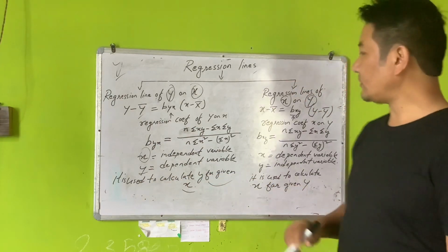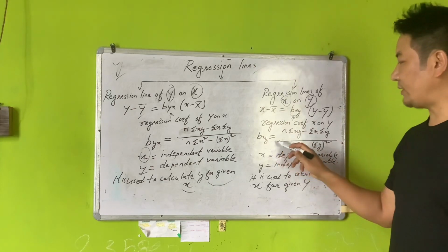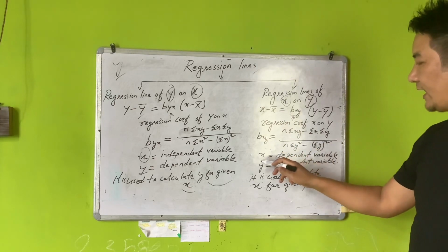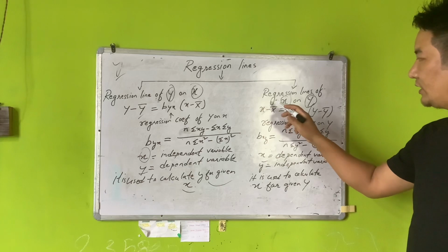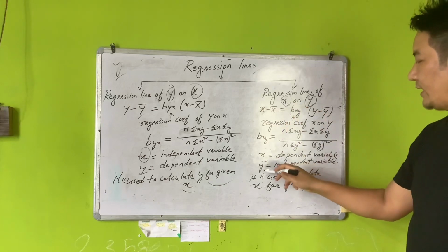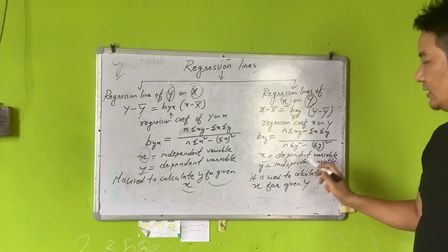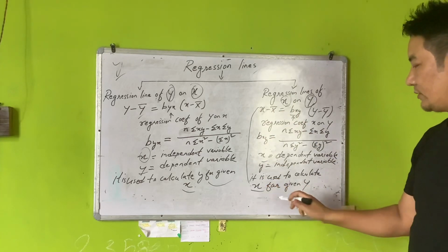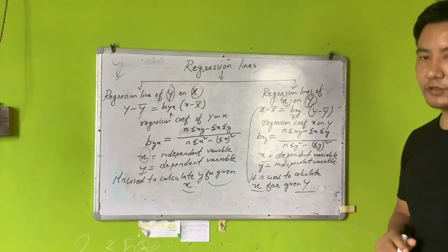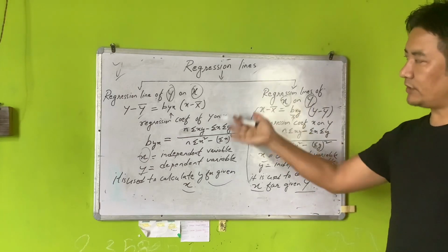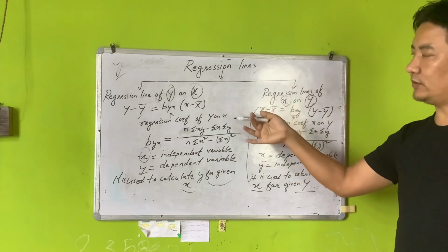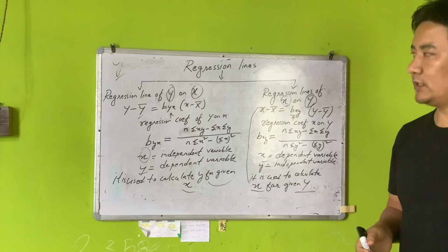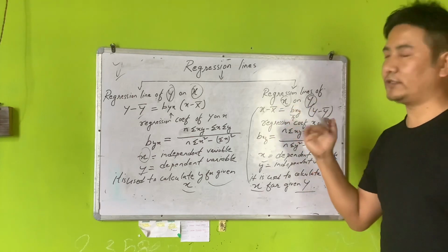In the bxy formula, x is the dependent variable, you have to find x, and y is the independent variable. Hope you understood this. By using these regression equations, we will now be calculating the regression lines.